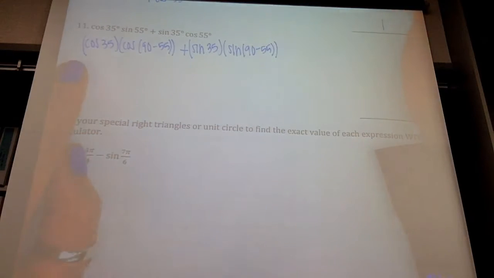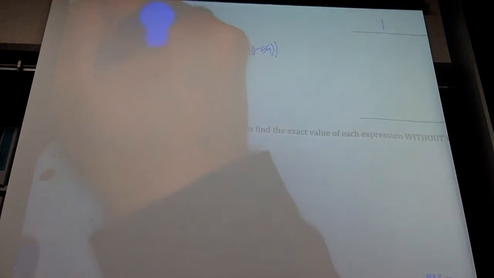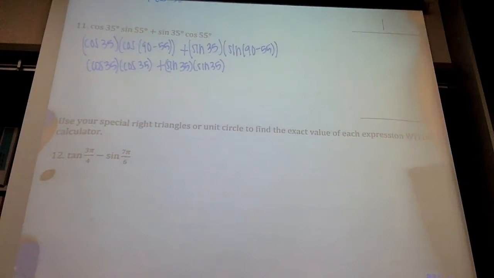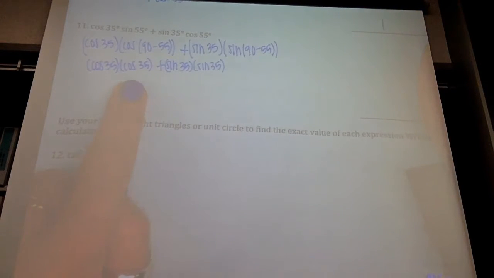And then we can simplify. So I have cosine 35 times cosine 35 plus sine 35 times sine 35. Because these are the same, cosine 35 times cosine 35 essentially means cosine squared 35, just like if you had x times x, it becomes x squared.